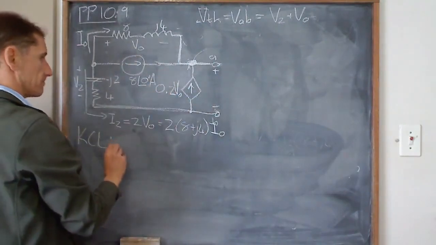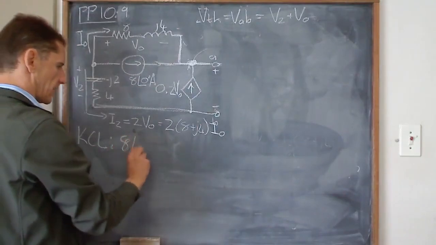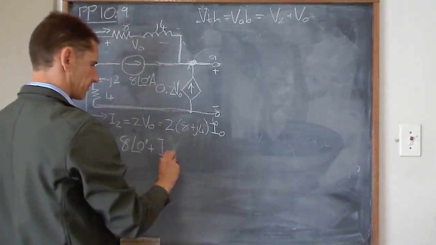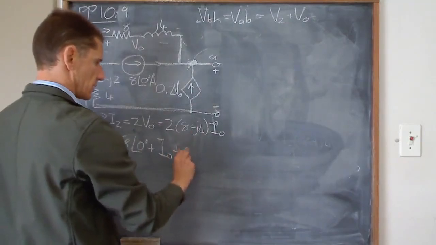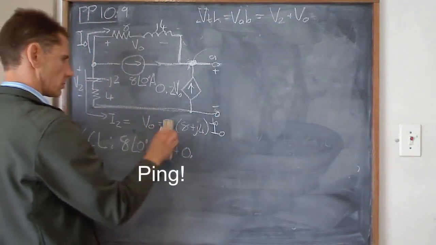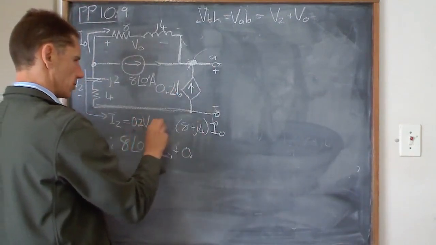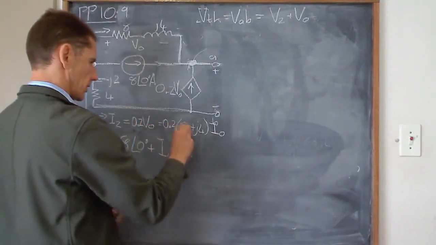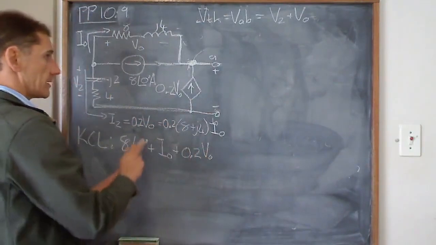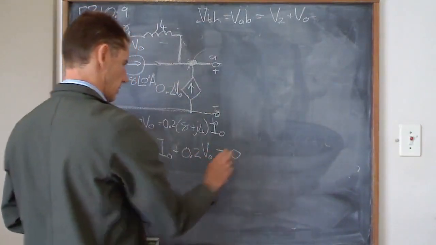So all the currents coming in is 8 angle 0 degrees, plus I out, plus 0.2, sorry, that's a 0.2 there, 0.2 V out is coming in. And that must equal 0.